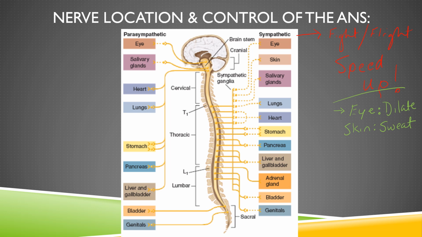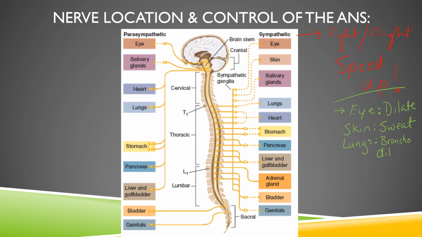Okay. Then we don't worry so much about the salivary glands here. Maybe I should put my glasses on. This will help a little bit. But we do want to talk about the lungs. So if you're in a case of fight or flight, you've met this guy in the dark alleyway, what do you think your lungs are going to do? Are they going to bronchodilate or are they going to bronchoconstrict?